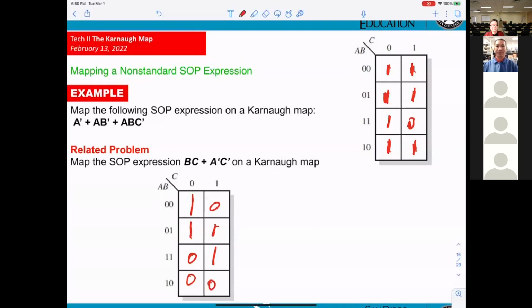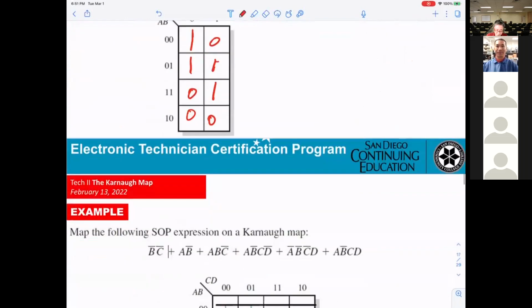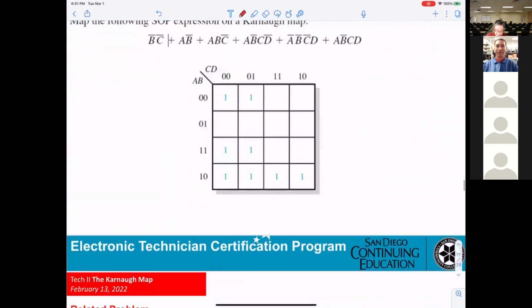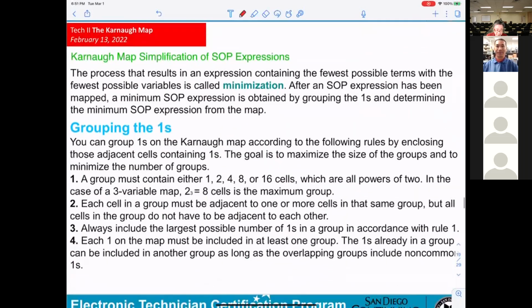If you have two of them, you worry about the two terms, and the third one is don't care. Exactly. Okay, all right.